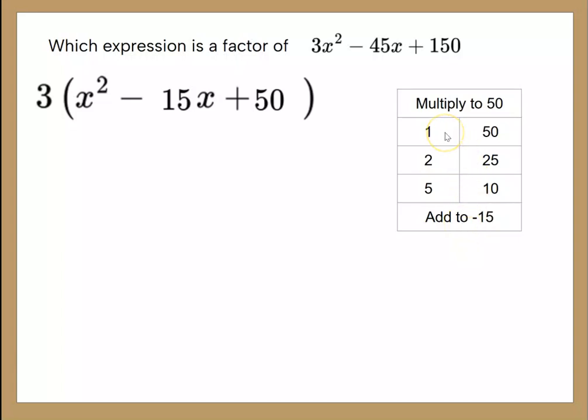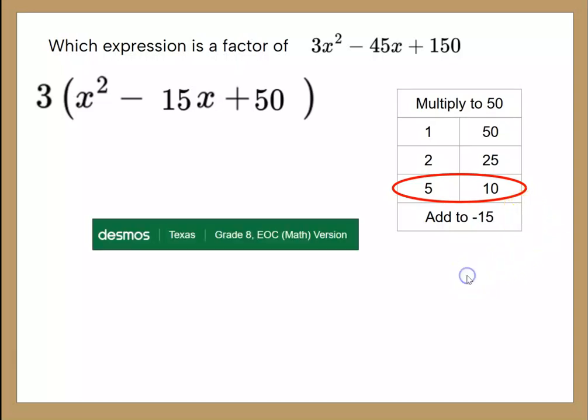So I've been organized in my factors: 1 times 50, 2 times 25, and 5 times 10. Now the 5 times 10 does give me a possibility of adding to negative 15, but I would have to change the signs. I would like to take a peek into Desmos to see how it can help me figure out the numbers that multiply to give me 50.